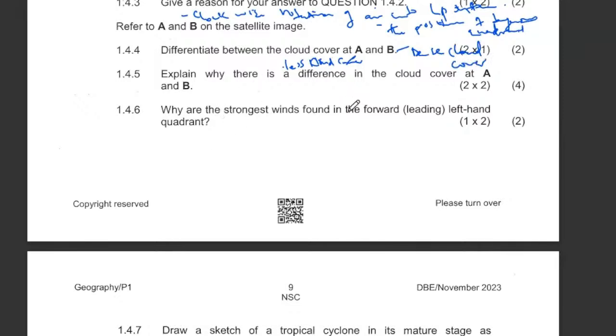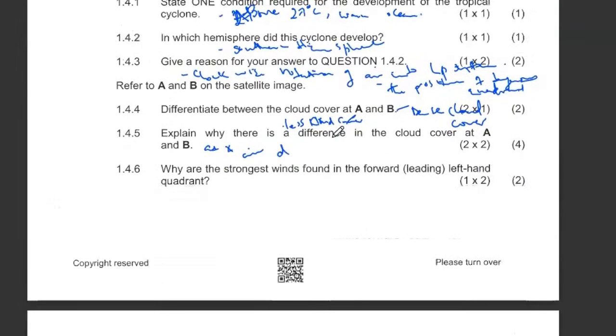Explain why there is a difference in cloud cover between A and B. At A air descends, whereas at B air rises.